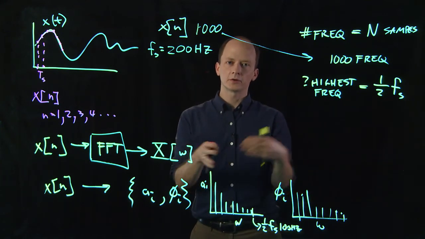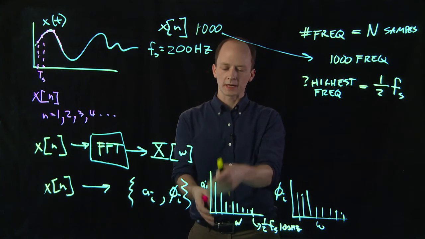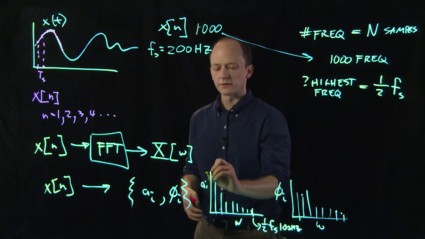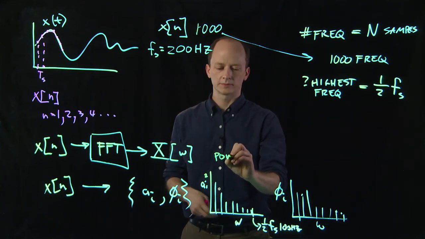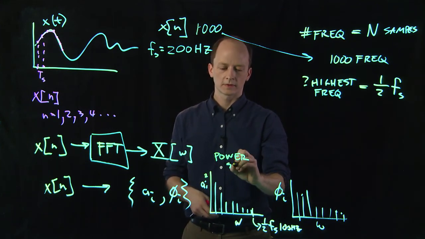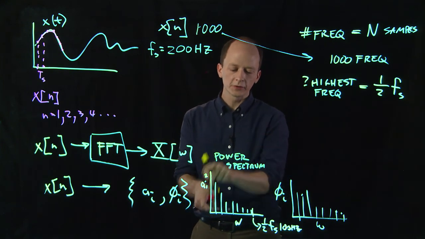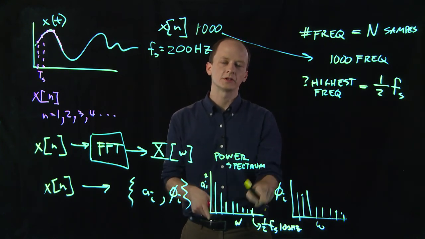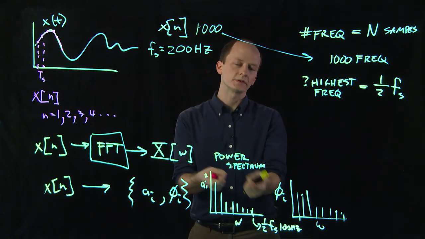And what we're going to do now going forward is talk about how we can look at these kinds of spectra. This is an amplitude spectrum, but as you recall, we're often going to look at amplitude squared for our power spectrum. We're really going to focus on this kind of plot, because this information is telling us how much of different frequencies are present in our signal.